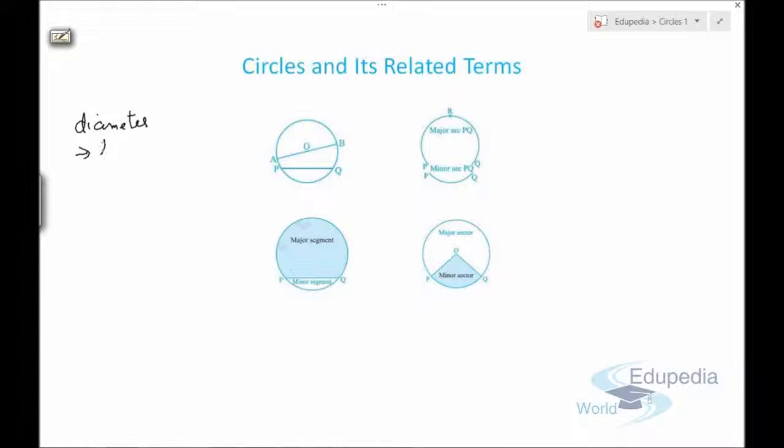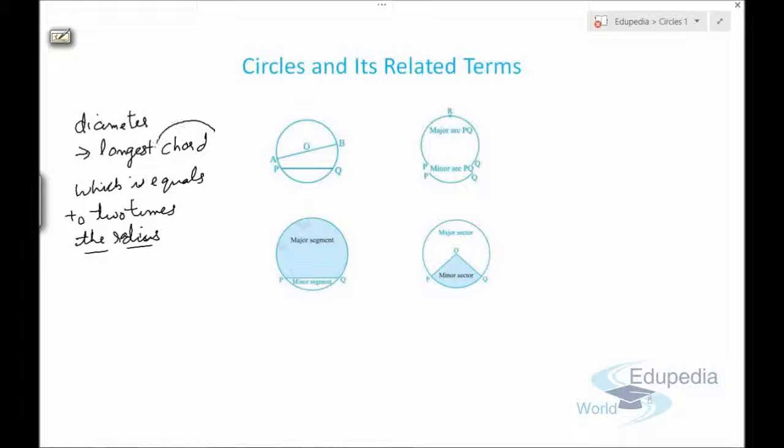We can define the diameter as the longest chord, which is equal to 2 times the radius. First we need to discuss what a chord is and what a radius is.